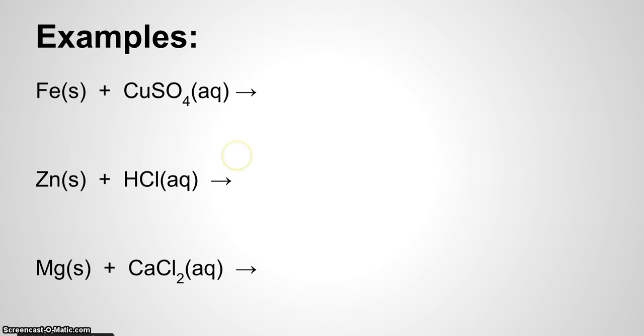Okay, so then once we know the reaction happens, then we can write our products. So we know that the iron is going to come in here. It's going to kick the copper out. So we're going to get solid copper as one of our products. And then the iron is going to react with the sulfate.